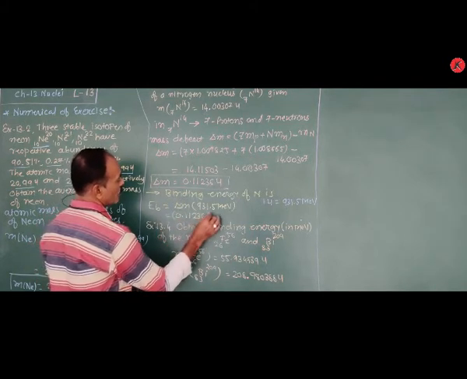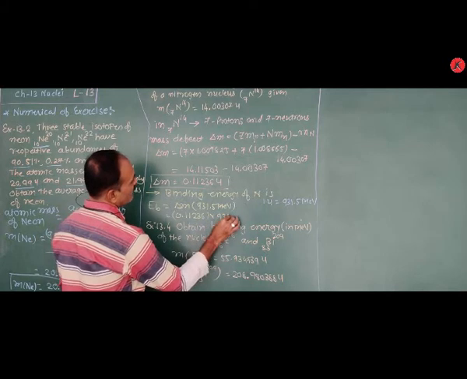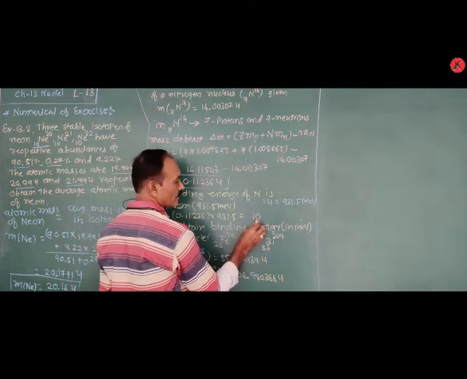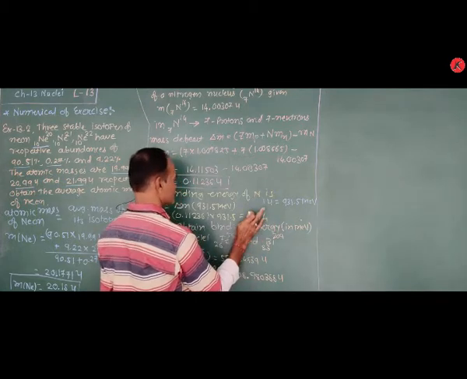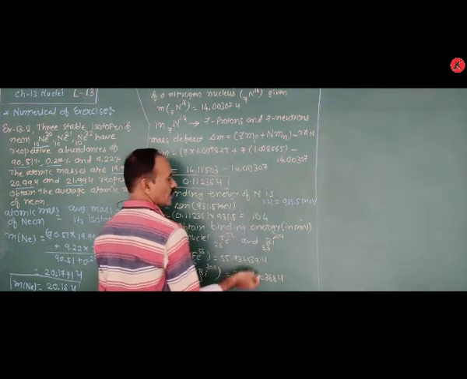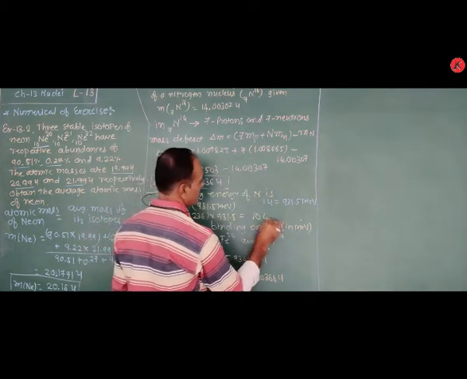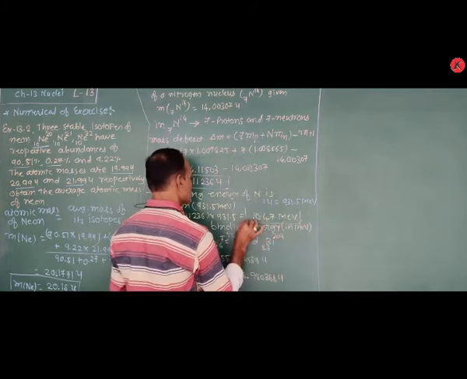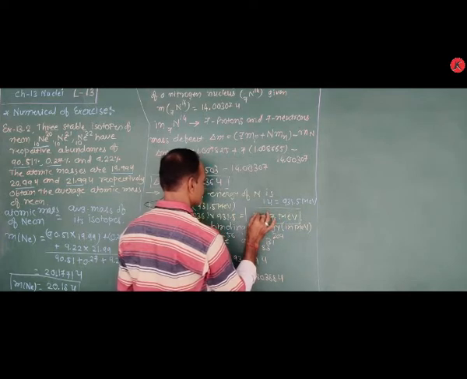0.11236 into 931.5 is equal to 104.7 MeV. That is the binding energy of nitrogen.